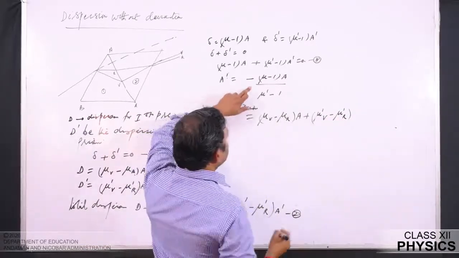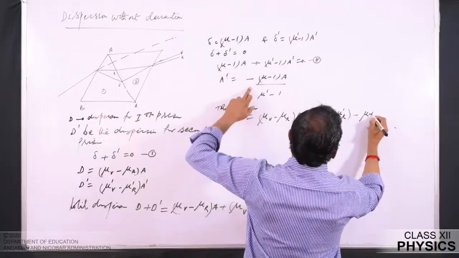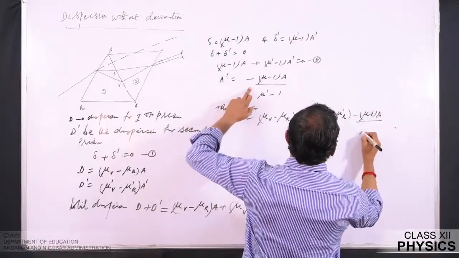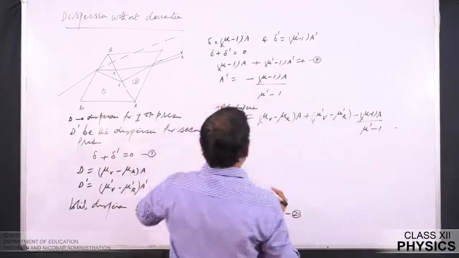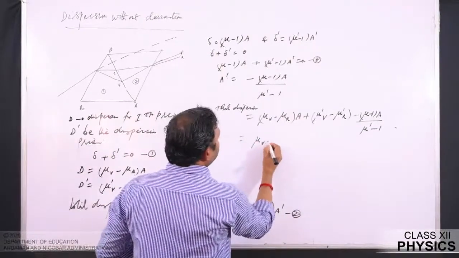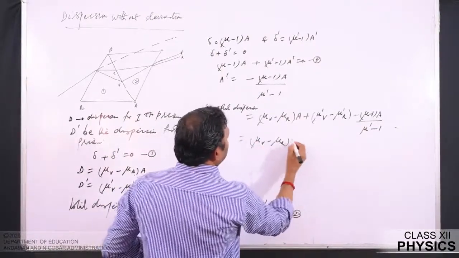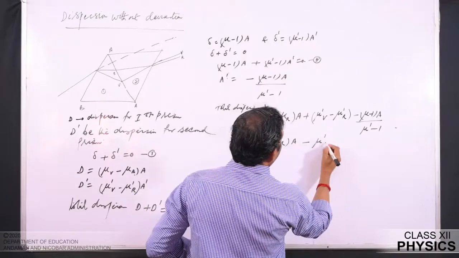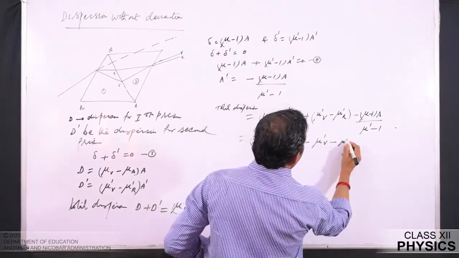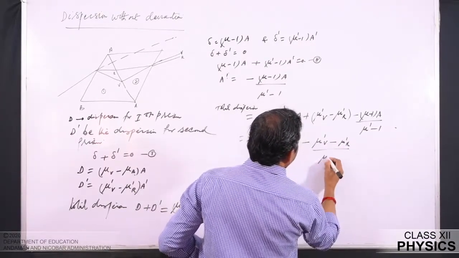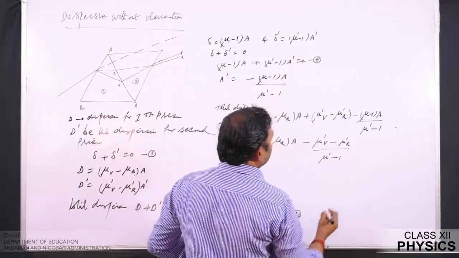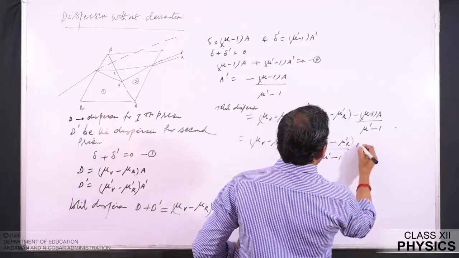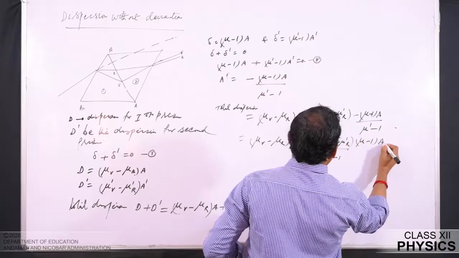The value of A dash is minus (mu minus 1) A divided by (mu dash minus 1), or further this can be written as (mu V minus mu R) multiplied by A minus (mu dash V minus mu dash R) divided by (mu dash minus 1) multiplied by (mu minus 1) A.